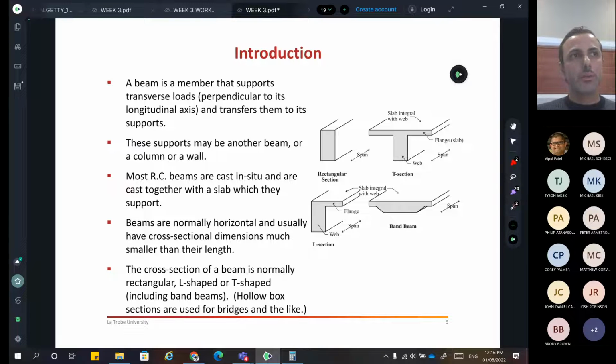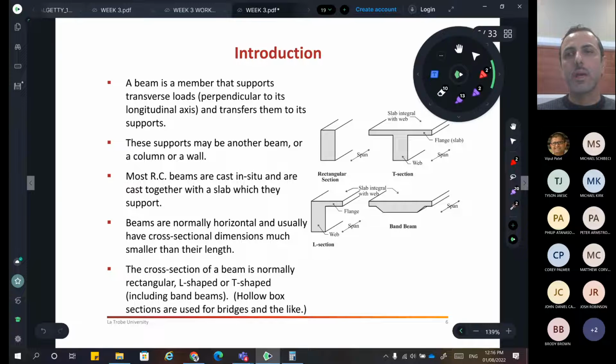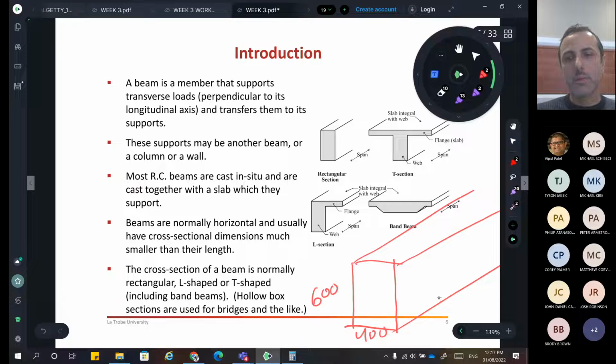But remember that beam will be only, say, 600 millimeters deep and about 400 millimeters wide, but it will be spanning about 7 meters, which is 7,000 millimeters long.